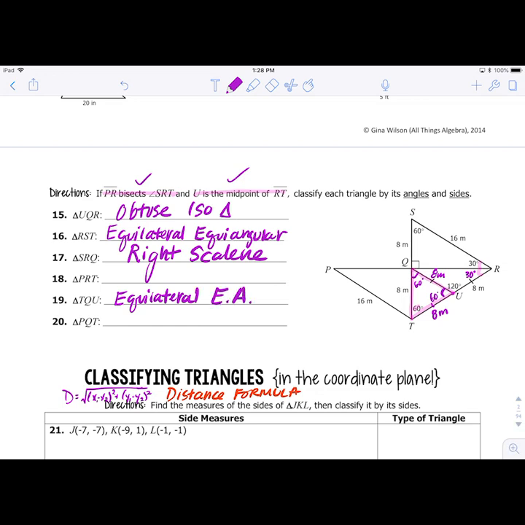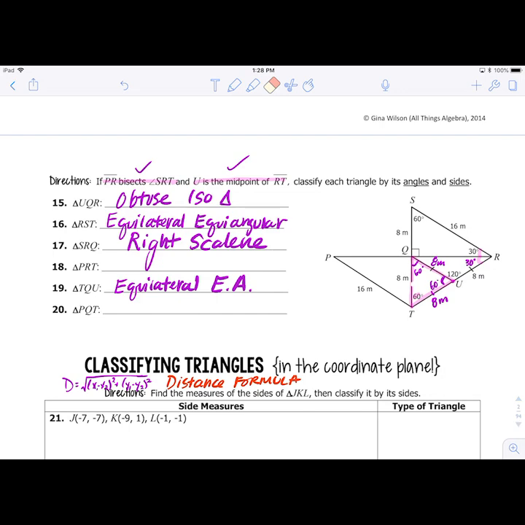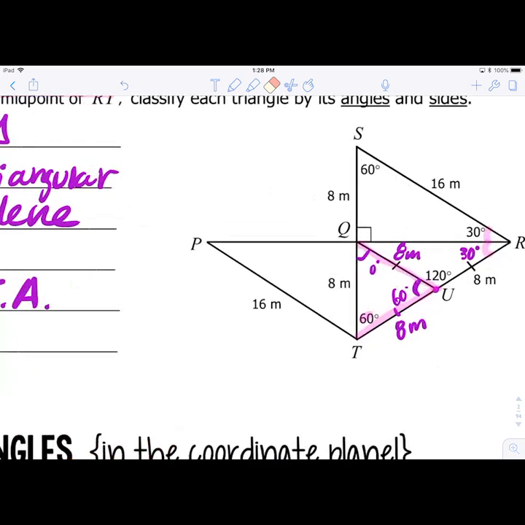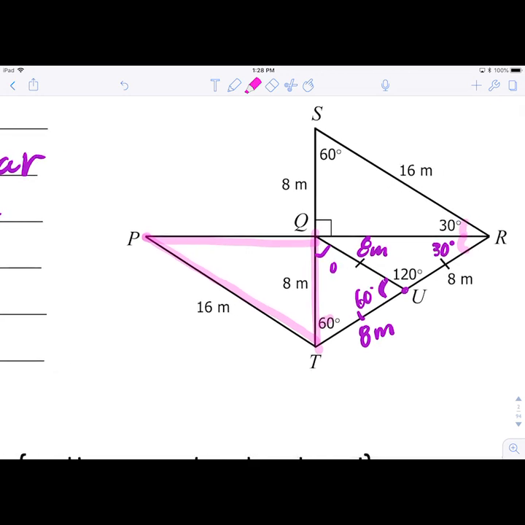All right. Finally, triangle PQT. Let's do that one real quick. PQT is right here. Let me erase all these. Well, we don't know a lot based off this figure alone.